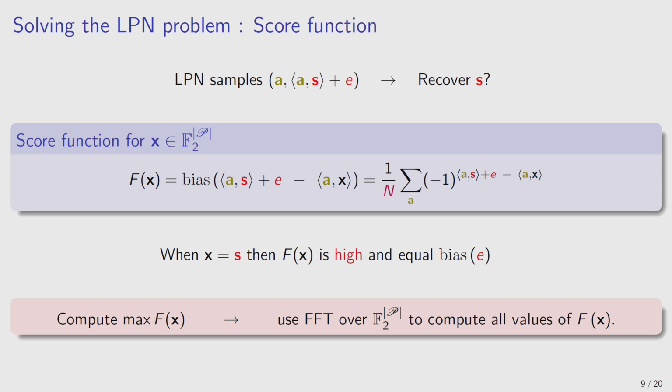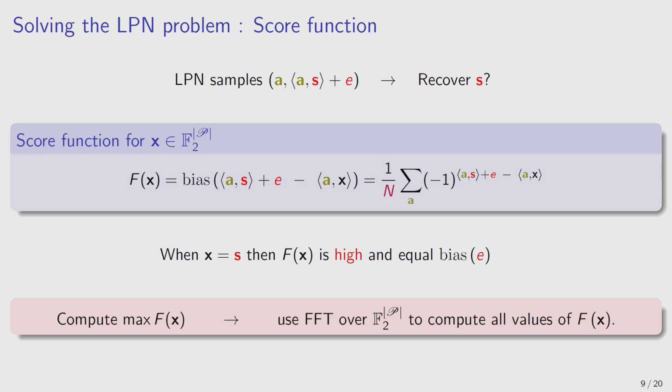When x is equal to s, this extra term cancels out, and you only have left the bias of E, which is way higher than the bias related to all of the other x's. If x is not the solution, you expect this bias to be smaller.